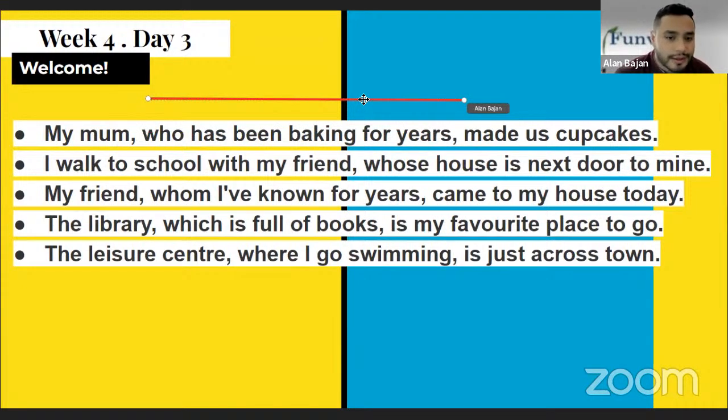But do I really care about it? ¿Quién le preguntó? Nadie. Right? So remember that. I walk to school with my friend, whose house is next door to mine. I can delete that and I can say, I walk to school with my friend. And the sentence still makes sense.